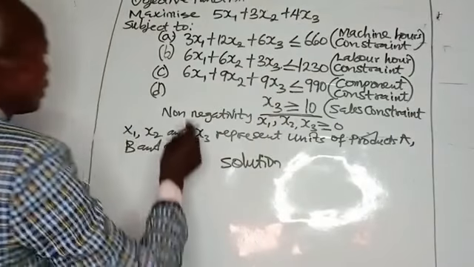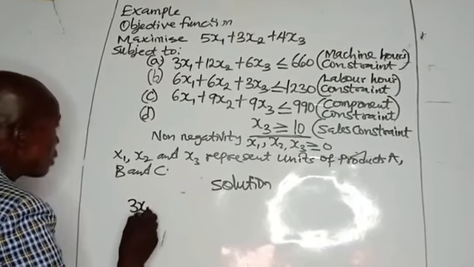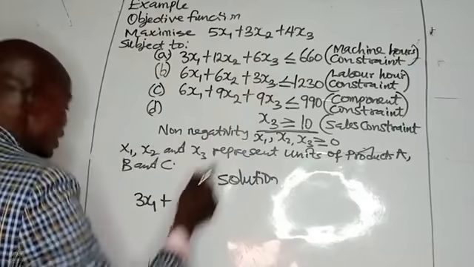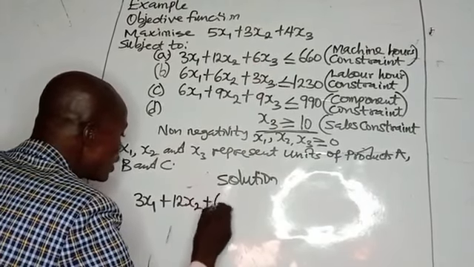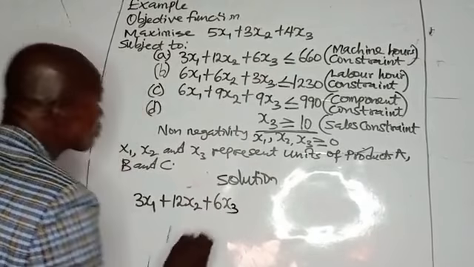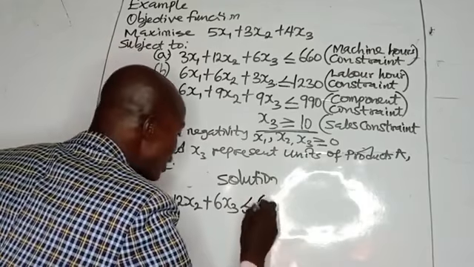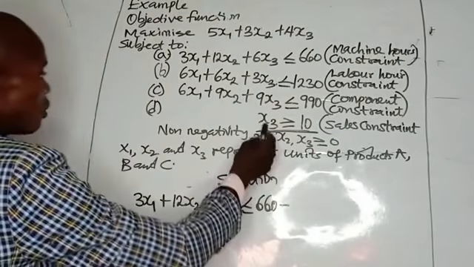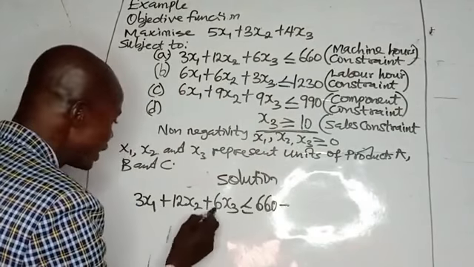So now let's reduce this capacity by the units required to make S3. We have 3x1 plus 12x2 plus 6x3 less than or equal to 660 minus, if x3 is 10, so this is 6x3.